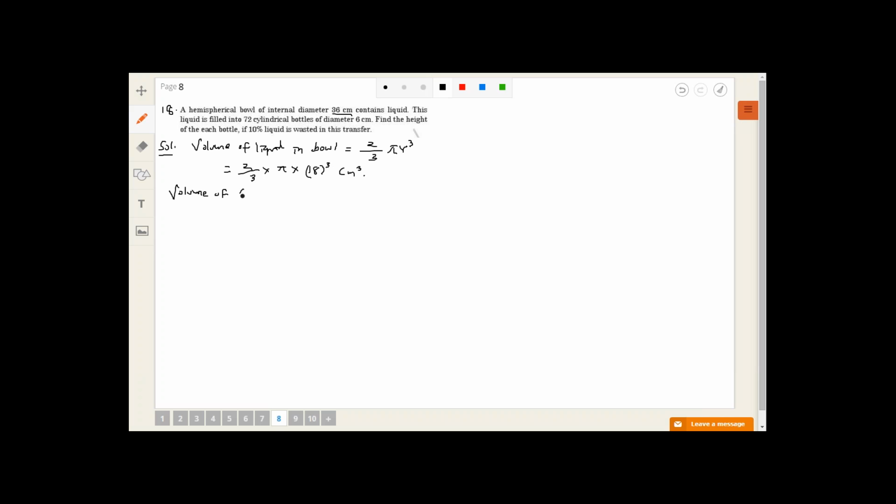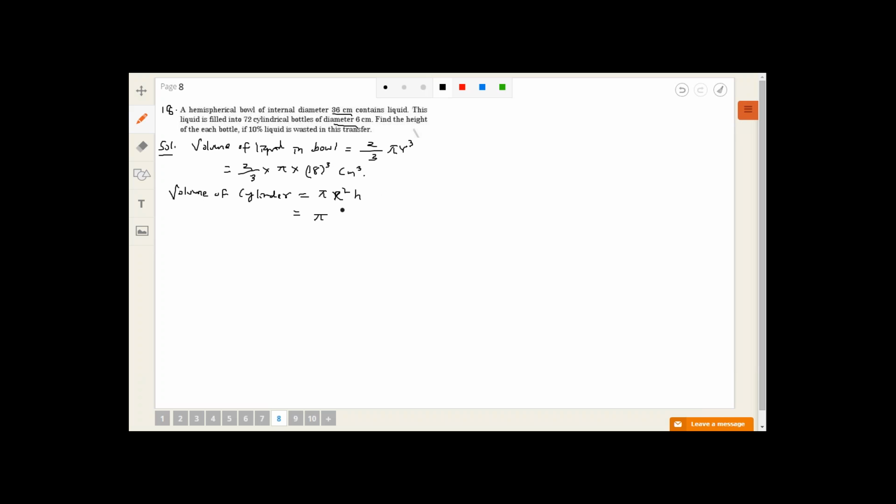Volume of the cylinder will be equal to pi r square h. That is equal to pi into r. It is converted into cylindrical bottles of diameter 6 centimeters.